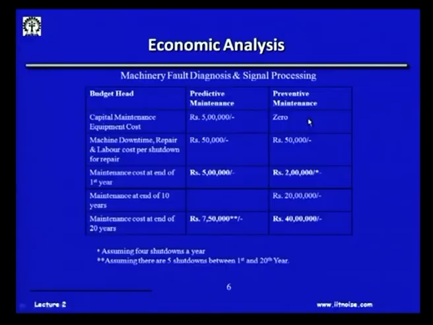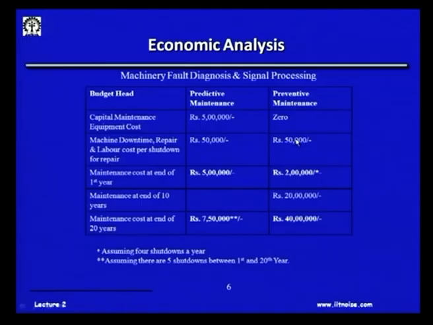But for a preventive or periodic maintenance, I require no investment. Now let us look at the case of preventive maintenance, assuming there are 4 shutdowns a year. By shutdowns I mean 4 scheduled maintenance in a year, and the total cost of this maintenance, which includes the machine downtime, the repair, and labor cost per shutdown, is 50,000 rupees.